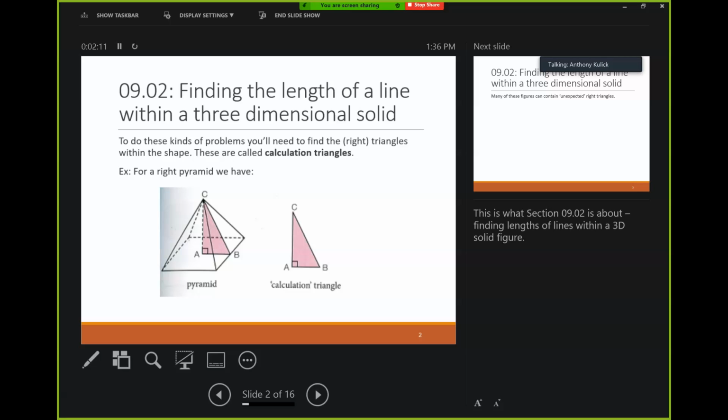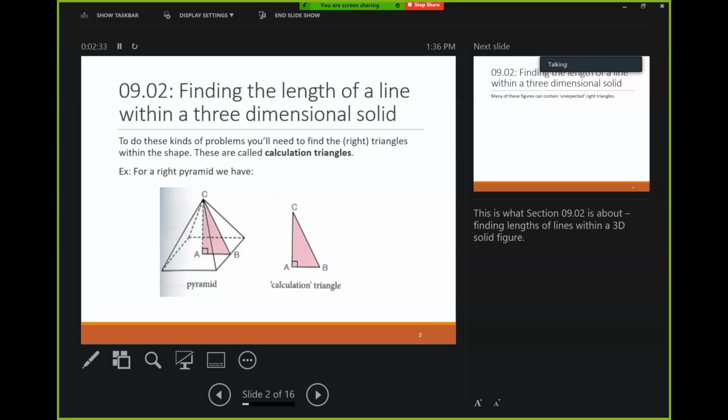And then the other one would be where B and C remain the same place, but A would get moved to the corner of the base. And there's 8 of those that are all identical. So there's 3 different types of calculation triangle inside of this right pyramid.